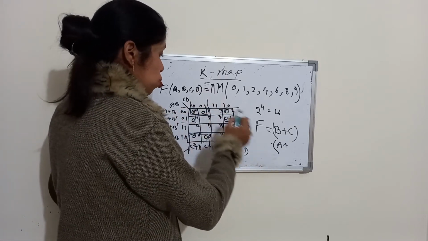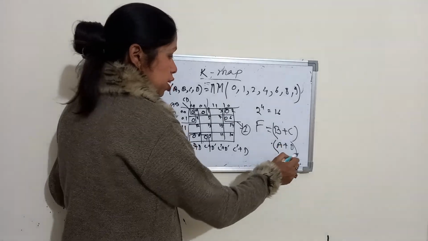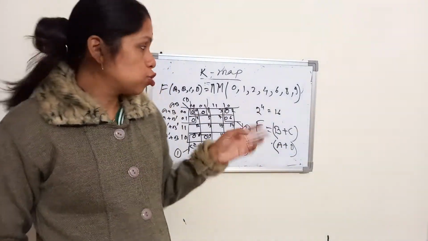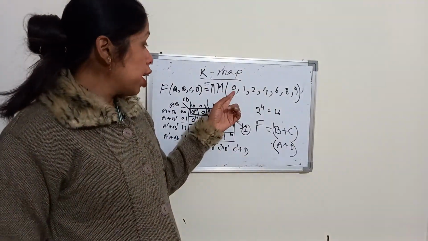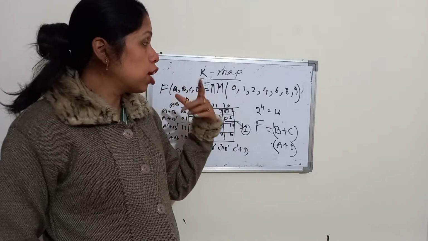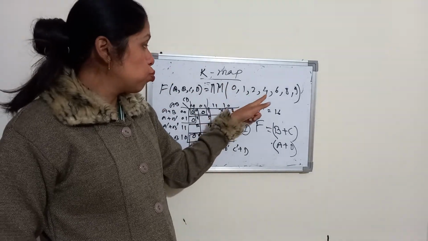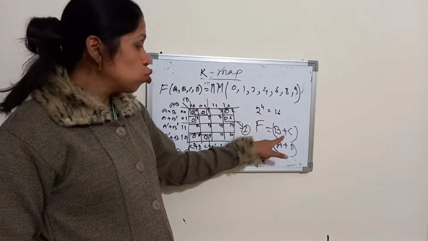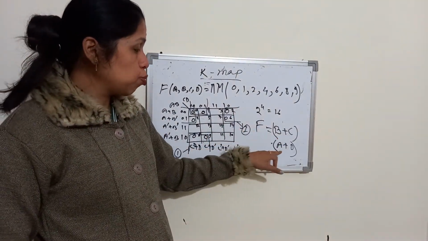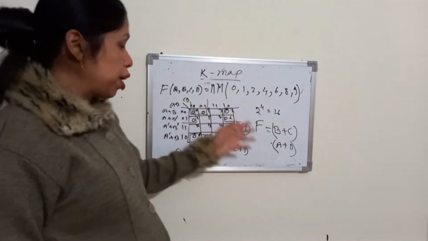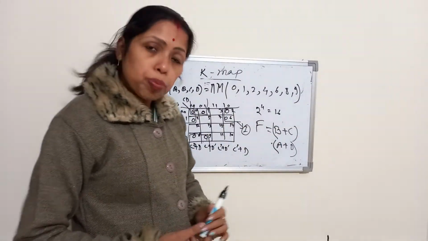This 0 is common, and 0 means D. So this is my minimum expression. If you see 0, 1, 2, 4, 6, 8, 9, I have a total of 7 max terms. From 7 max terms I get only 2 max terms: B plus C is one max term, and A plus D is also one max term. Right?